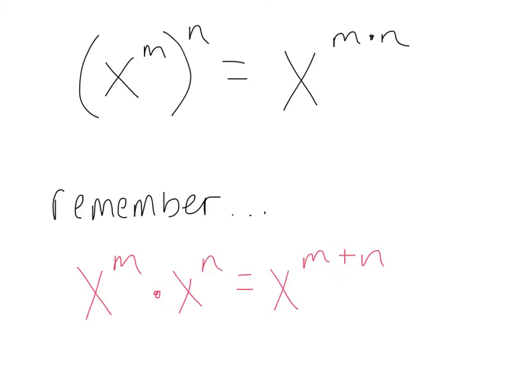This new property is going to tell us when we have an exponent inside of parentheses raised to another exponent, so a power to another power, all we have to do is multiply the exponents now. So don't confuse the two. This one has two bases that are being multiplied, we add the exponents. This one is a power to another power, and we're going to multiply the exponents. Okay?